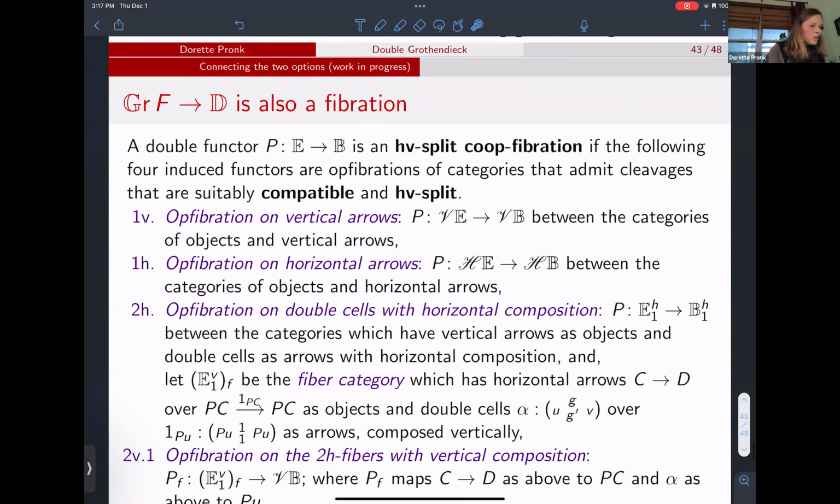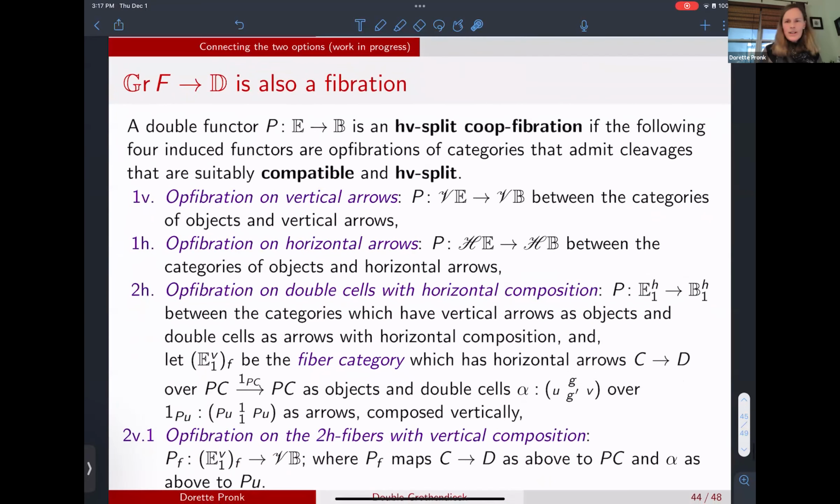Okay, so then the last question. What are the functors that we get by doing the Grothendieck construction to one of those indexing functors? It's a bit of a mouthful. I apologize, I still need to think about a nicer way to summarize this.